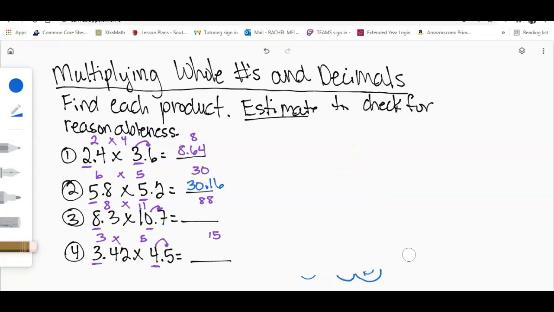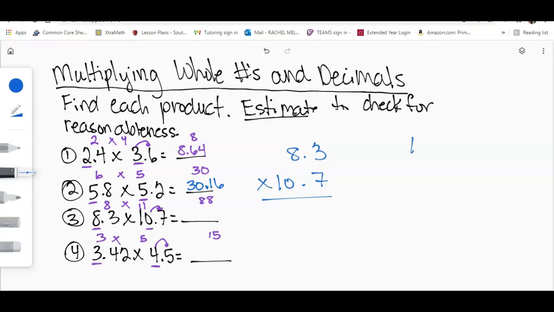All right, my next problem is going to be 8 and 3/10 times 10 and 7/10. Okay, now it does look a little weird if I write it like this. We can still multiply like that, but a lot of people say, oh, I don't want to do that.